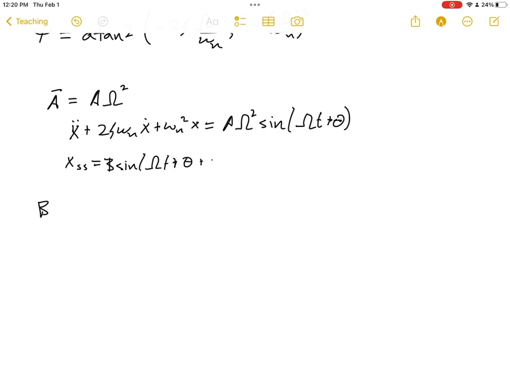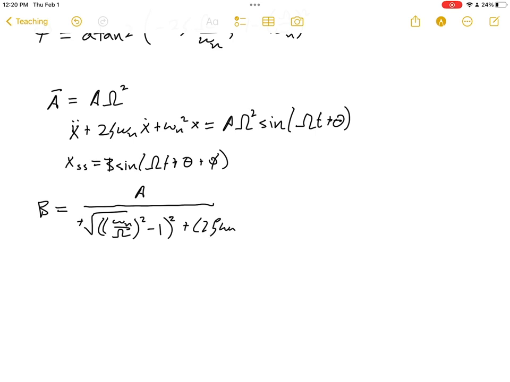B equals just the regular A over the positive square root of (omega n over capital Omega squared minus 1), and we will square that whole quantity, plus 2 zeta omega n over capital Omega squared.